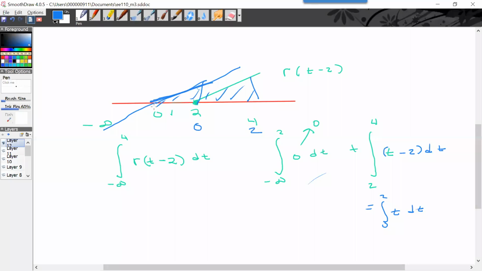And that's what I would call a trick. If you have multiple things, you know, I have an RT plus UT minus 2 with a minus RT plus 2, I can do all of these independently and then sum the areas at the end because it's linear.